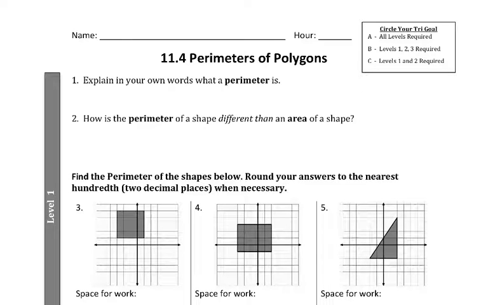So again, the perimeter is the outside of a shape. Area is the inside. The perimeter is a length measurement, where the area is not a length measurement, it's like a tile measurement. It's like a square measurement. Okay? So put those into your own words and you'll do great.